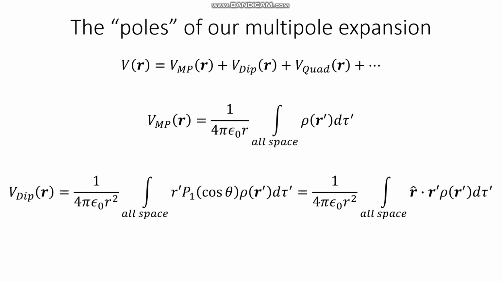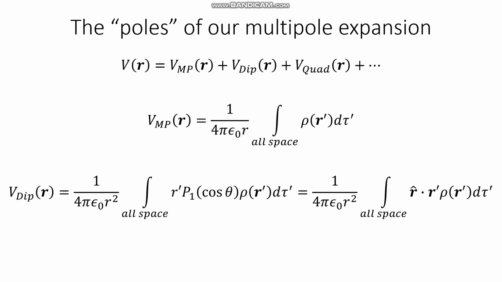Some people might prefer taking out the r hat outside. So the expression r prime rho r prime. So basically, when you integrate r vector, taking rho as the weight over all space, you get a quantity known as the dipole moment.